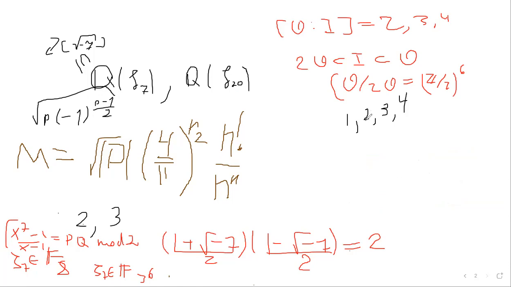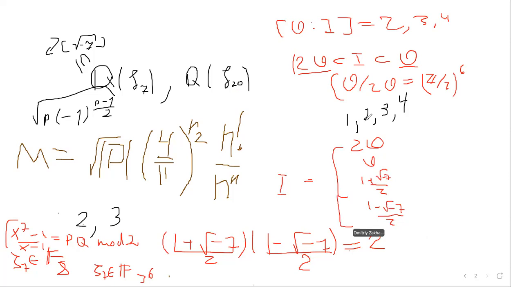Because if you have an ideal of norm 2, then it's contained between 2O and O. But if it contains 2O, then there are only 4 possibilities for I: 2O, O, and these two guys, which are prime in our zeta 7 ring.